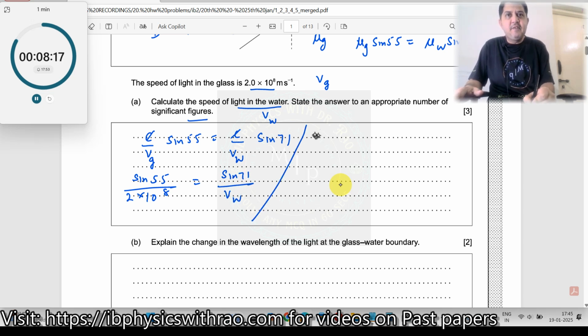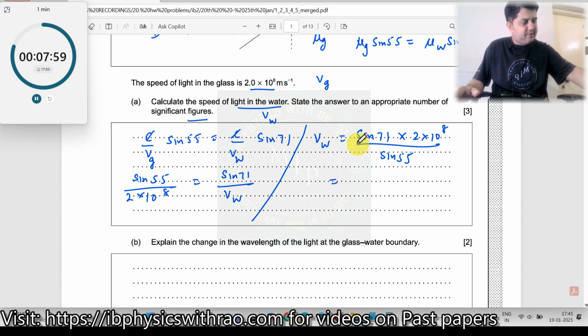Which means Vw will be equal to sine 71, multiplied by 2 into 10 power 8, divided by sine 55, which will come downwards. When you calculate this, I have already calculated this one here. So I will first calculate these two together.